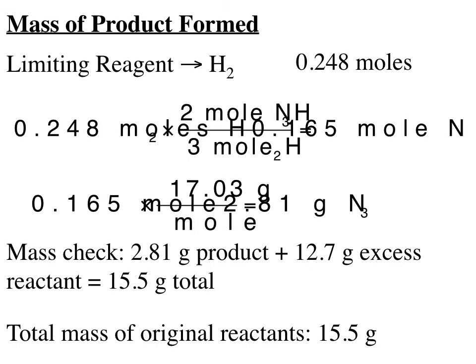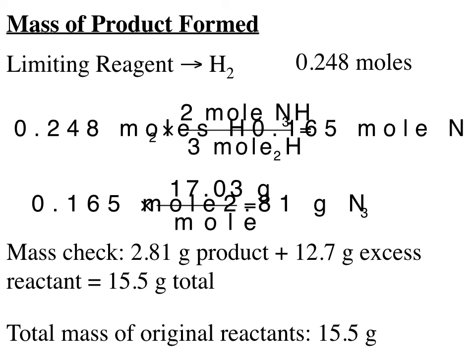Verifying the mass of NH3 being formed, I begin with the limiting reagent, as I did on the first slide, as a matter of fact, and I have 0.248 moles of it. I use the stoichiometric ratio of the NH3 being produced to the moles of H2 being consumed. That is a 2:3 ratio, and as I found on a previous slide, using all of the H2 will produce 0.165 moles of NH3.